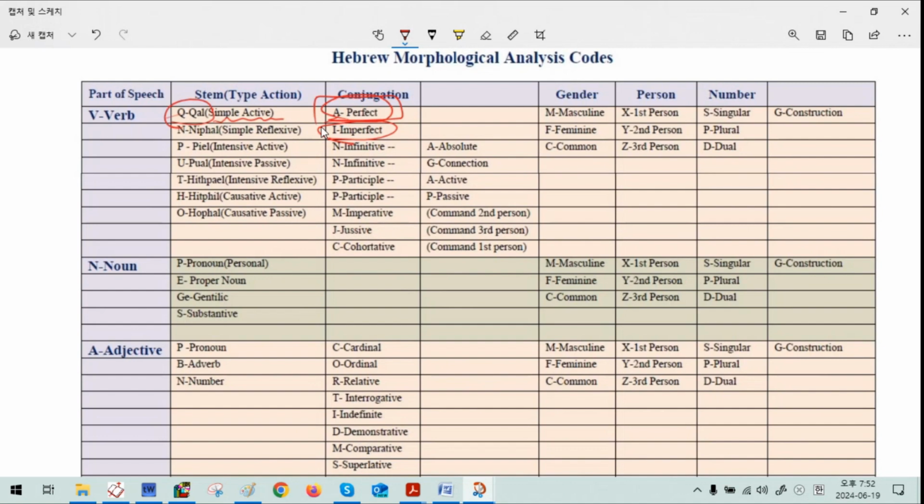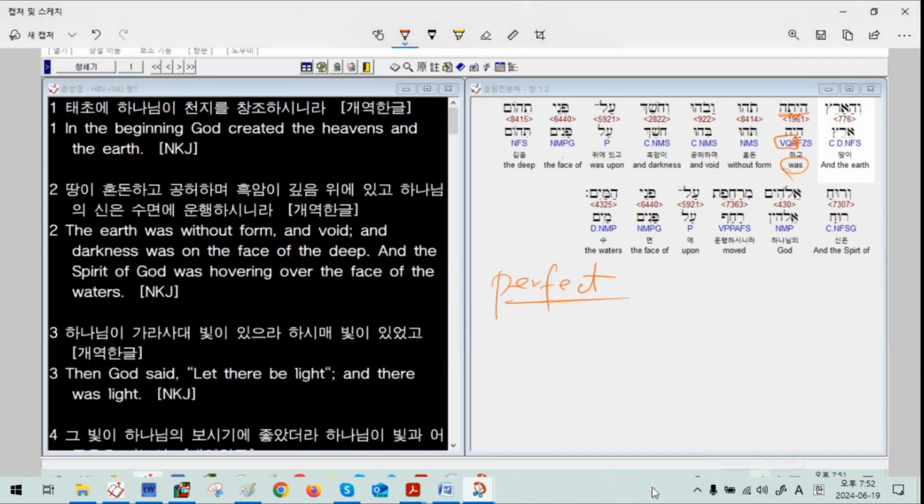Again, Hebrew does not have tense. This perfect and imperfect is not tense, it is status. So the earth status is already perfected. What is perfected? The earth. Without form, void, darkness is already perfected.